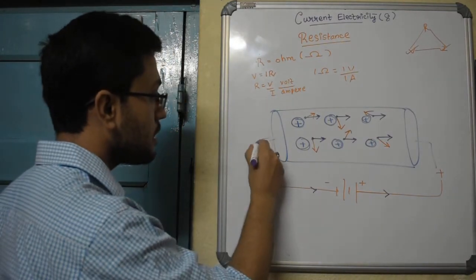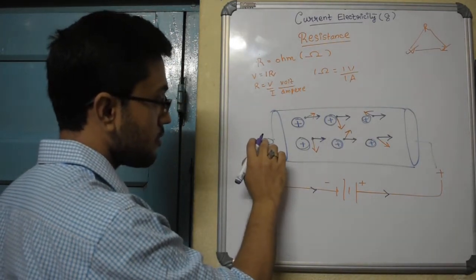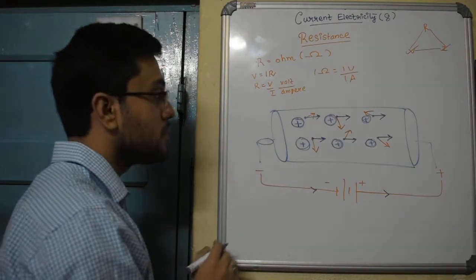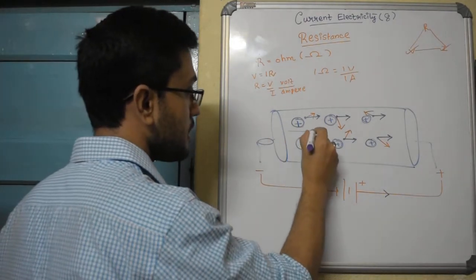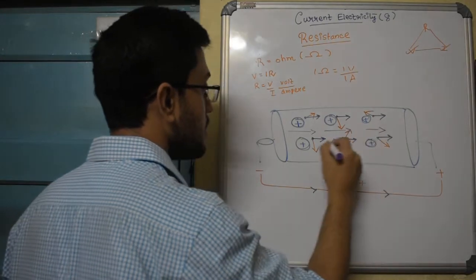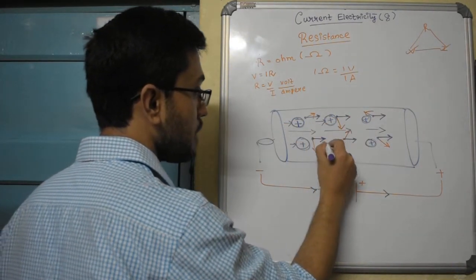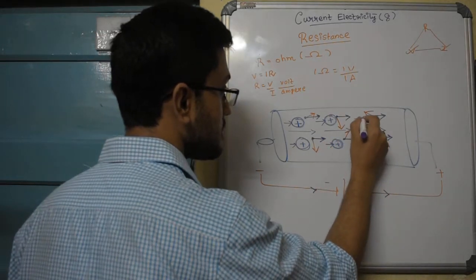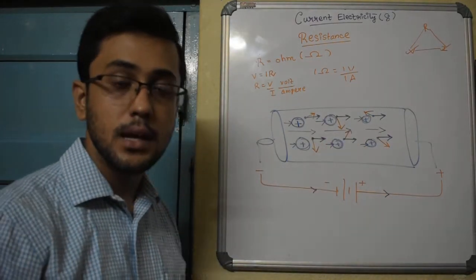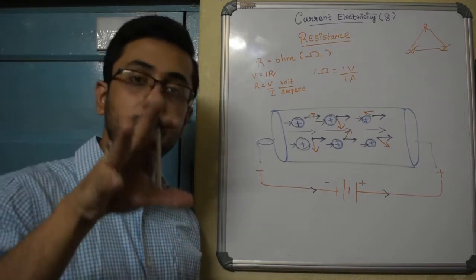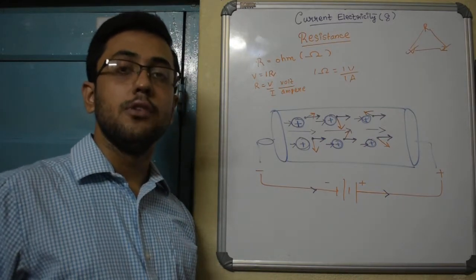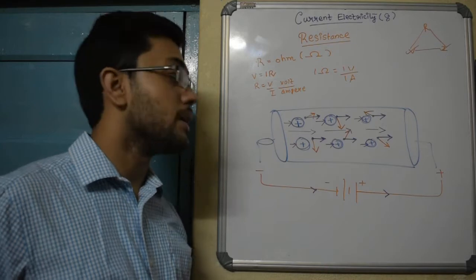Suppose the electrons which are entering from this region into the zoomed in version, some of the electrons will be able to pass freely, but some will face the obstruction. They will collide with these cations. This collision will reduce the speed of the electrons. It will provide an obstruction to the flow of electrons.